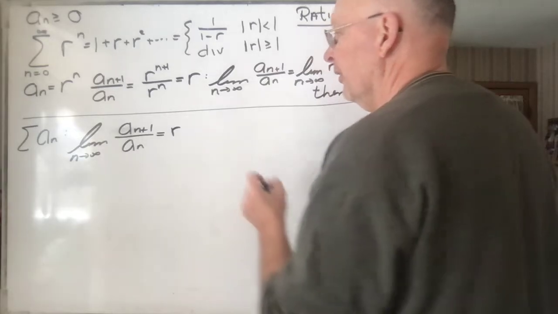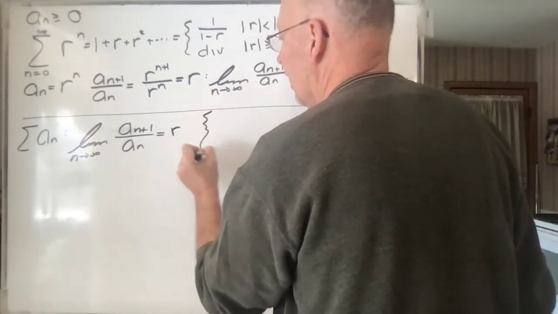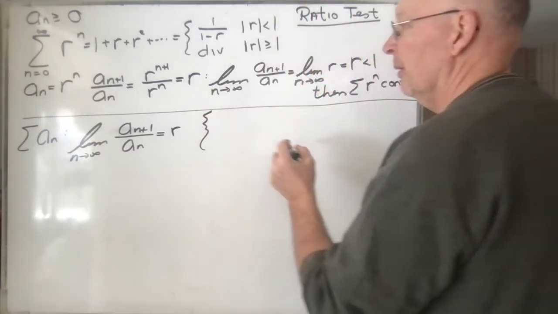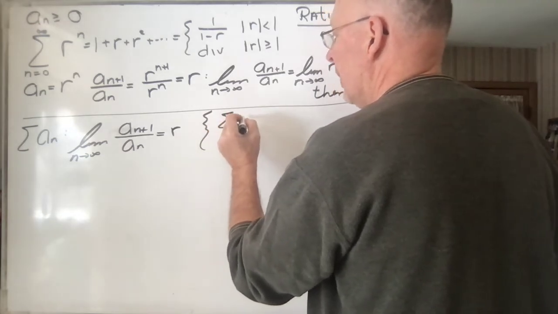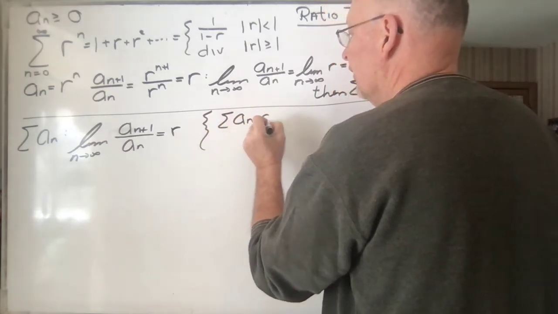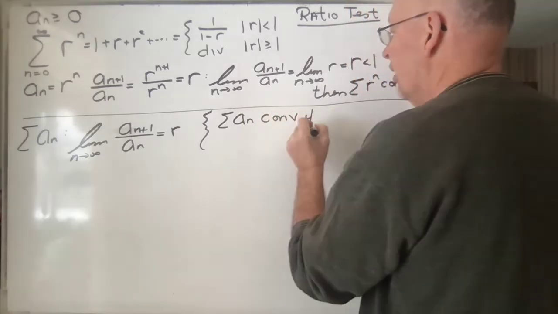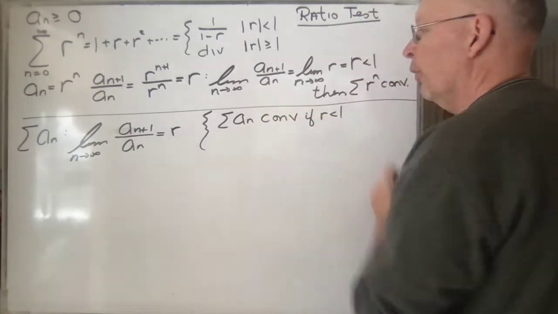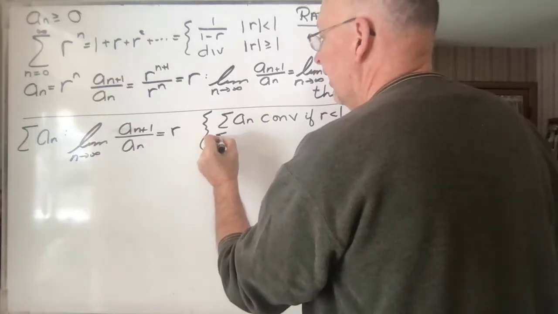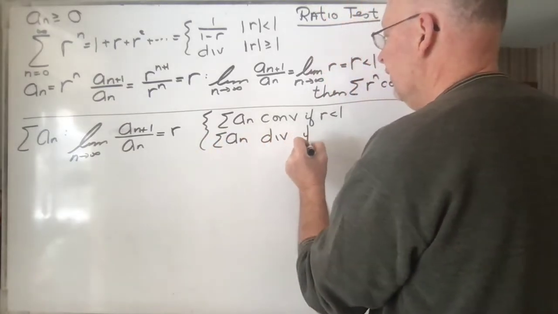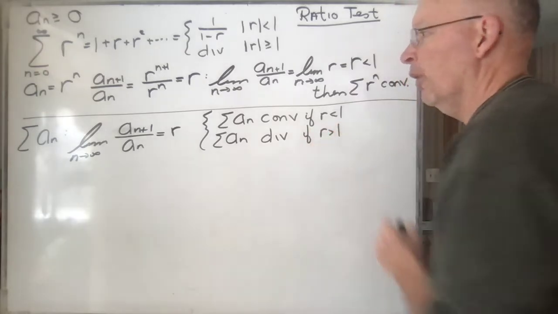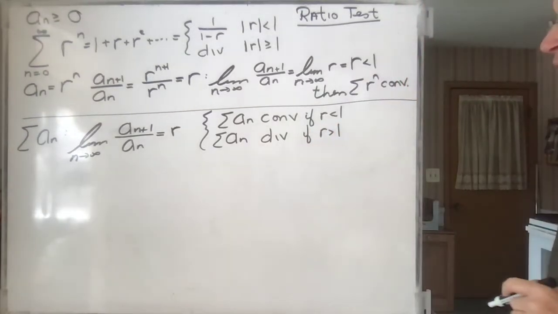And here's what we're going to conclude. We're going to conclude this thing converges if r is less than 1 in size, and this series diverges if r is greater than 1 in size. Same as the geometric series.